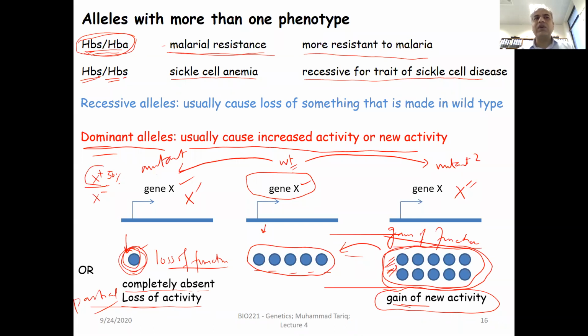Where in the presence of 50%, here also you will have X2 prime over X plus, which means 50% is being produced. But since this has resulted in acquiring a new activity, it is not caring about this 50%, it is now showing you a different cellular function as well, and the phenotype becomes more severe because all this protein is going somewhere else. Clear?